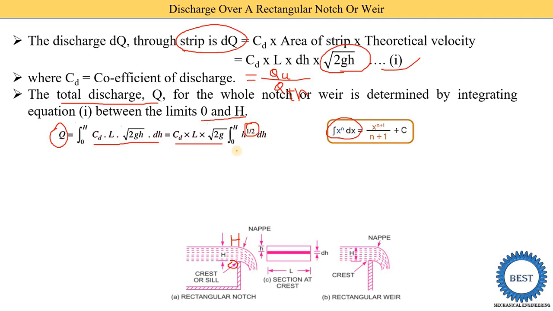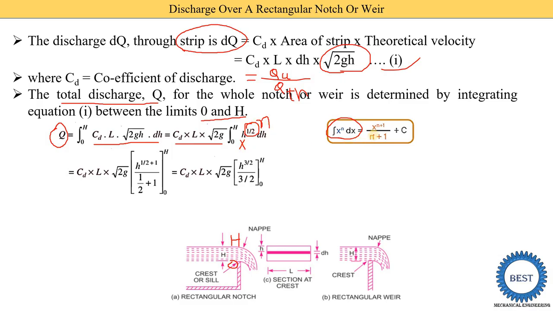So we get Cd into L under root of 2g as it is, h is equal to x and 1/2 is the n, so we write h raised to (1/2 plus 1) divided by (1/2 plus 1).